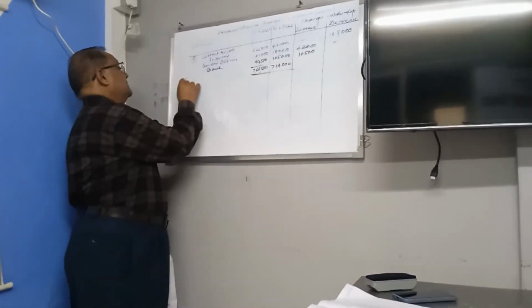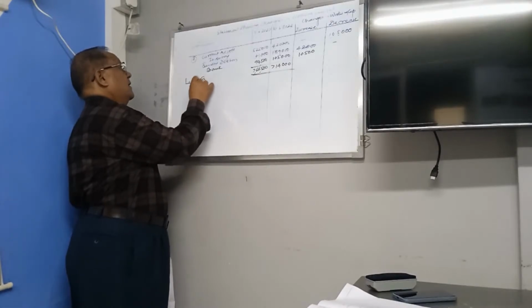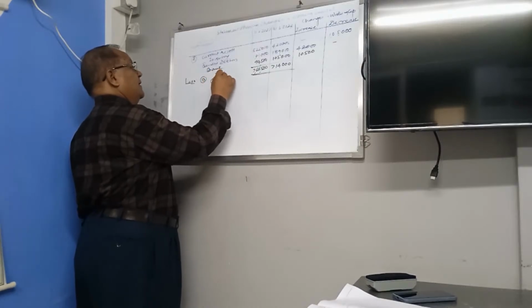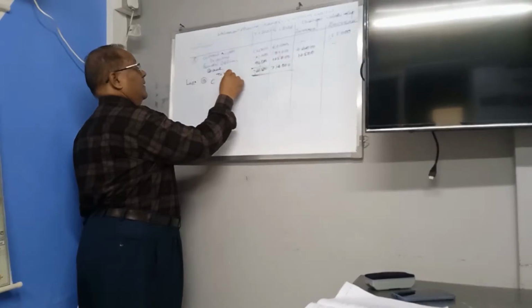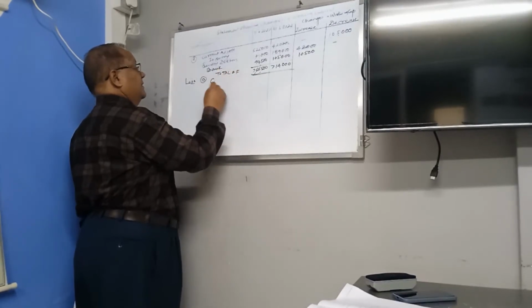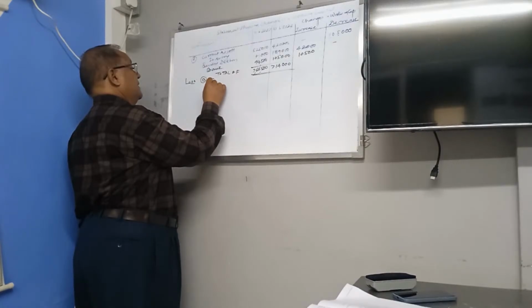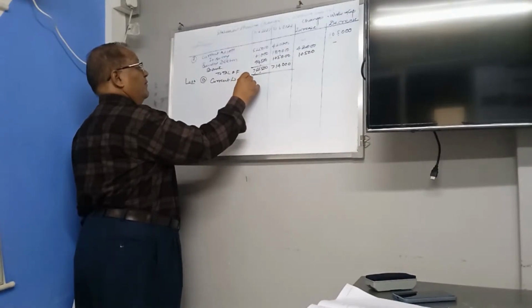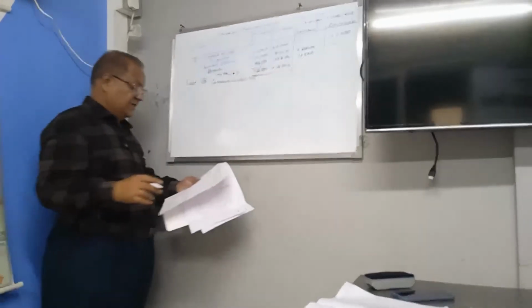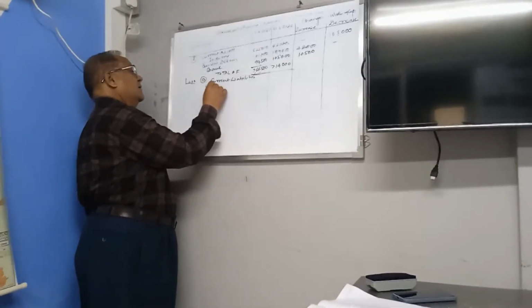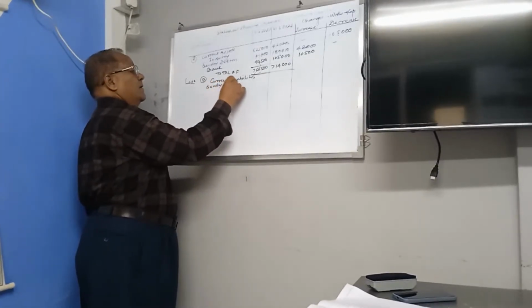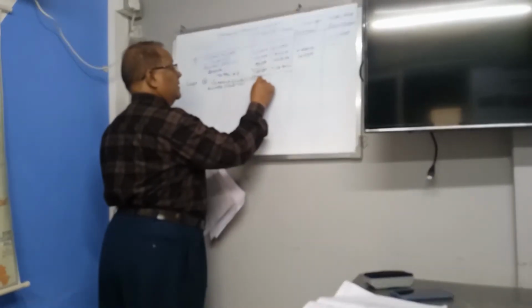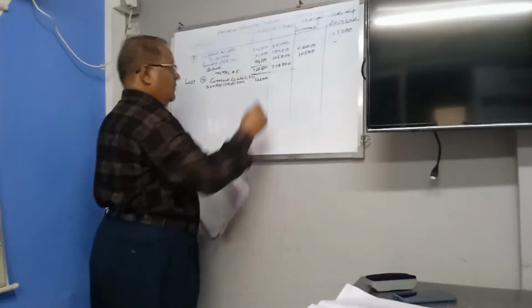Now let's see current liabilities. This is the total of A. Then less current liabilities. In current liabilities, sundry creditors are given to us: 1,26,000 and 1,15,500.